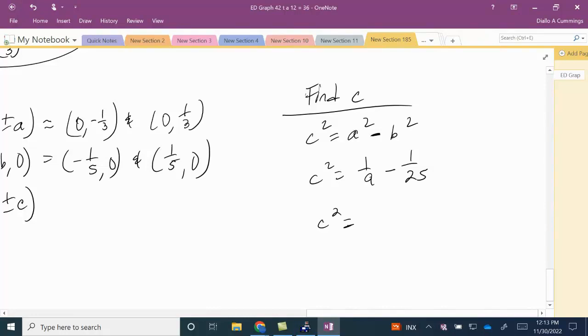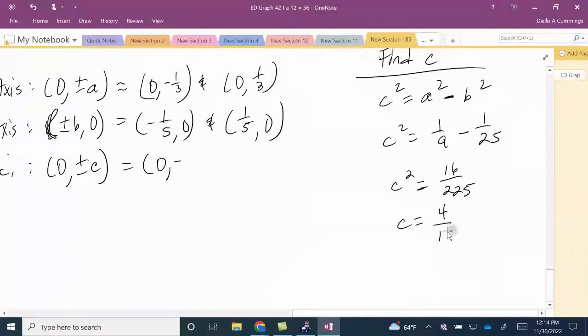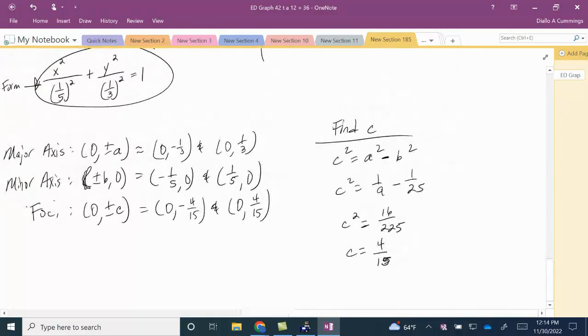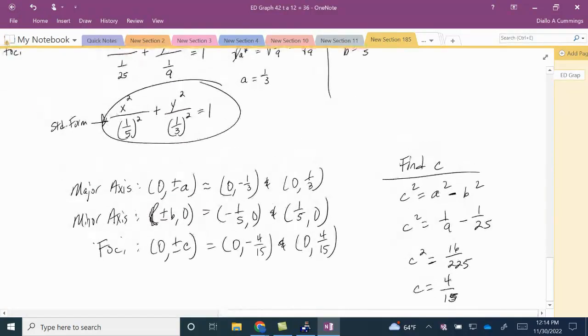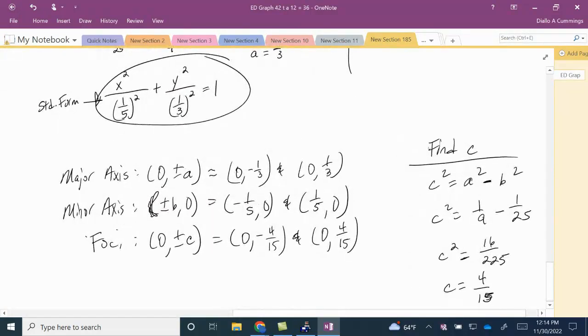If we subtract 1/9 minus 1/25, we get 16 over 225. C would be 4 over 15, once we reduce. So we have our foci at 0 comma negative 4 over 15 and 0 comma positive 4 over 15. So we have the standard form of the equation, the major axis points, the minor axis points, and the foci.